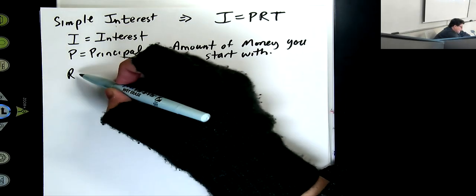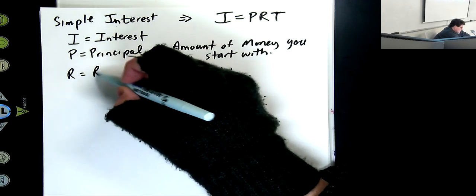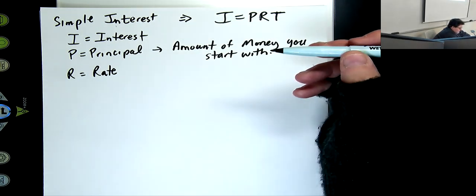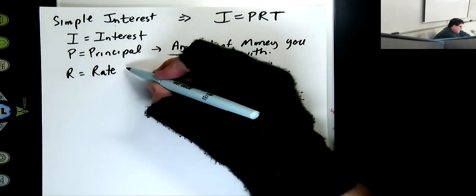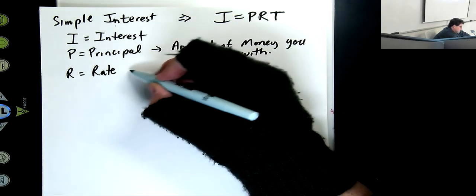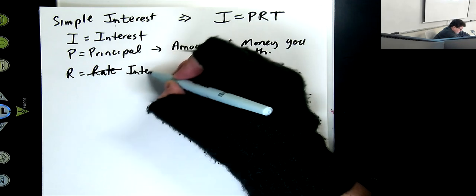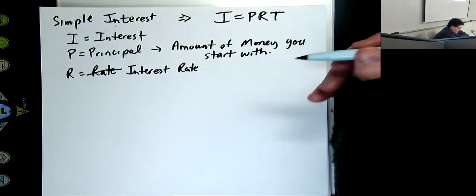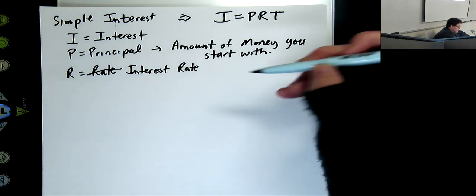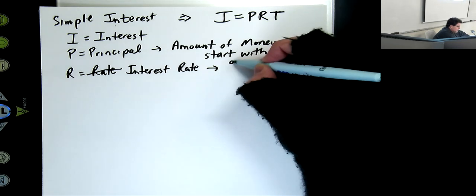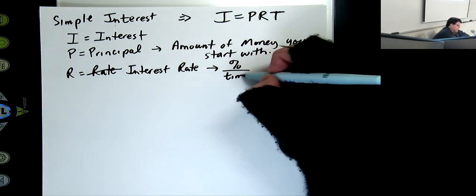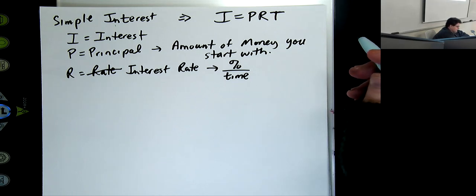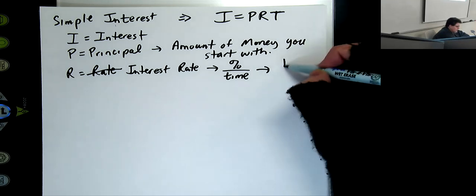R is the interest rate. This tends to be a percentage over a certain amount of time, but when we use it in problems, we want it to be the decimal version.